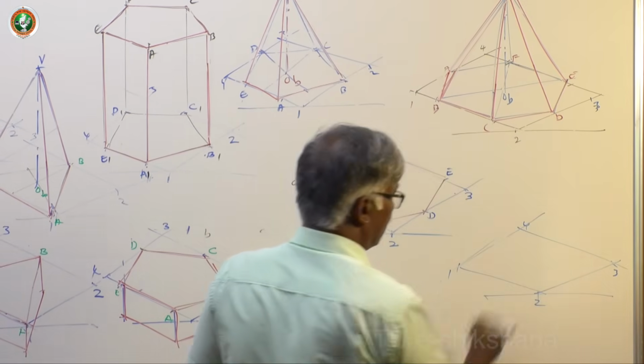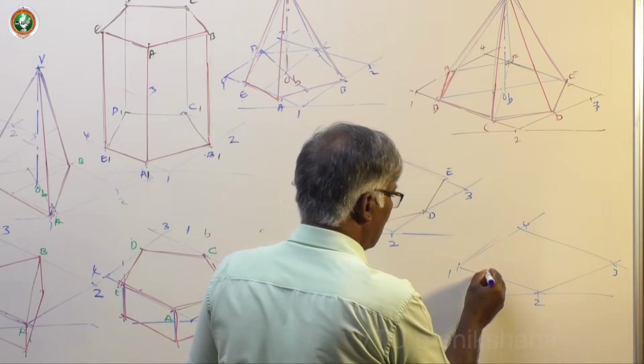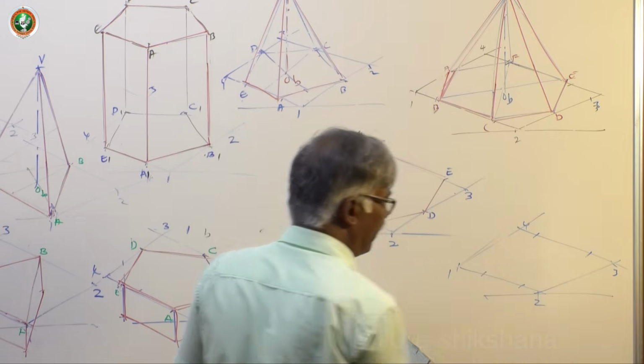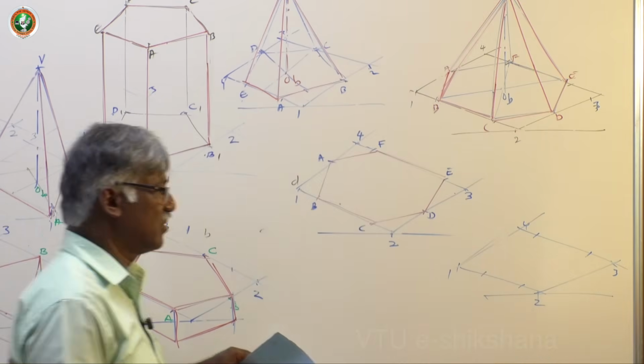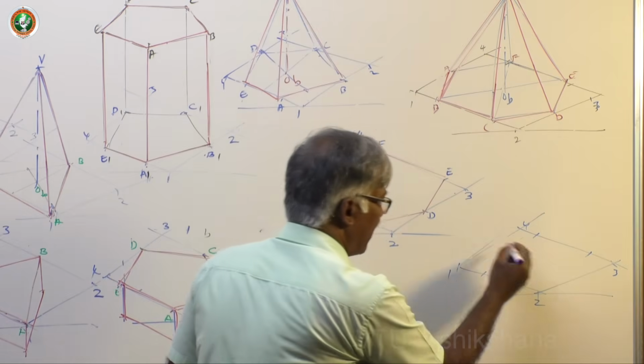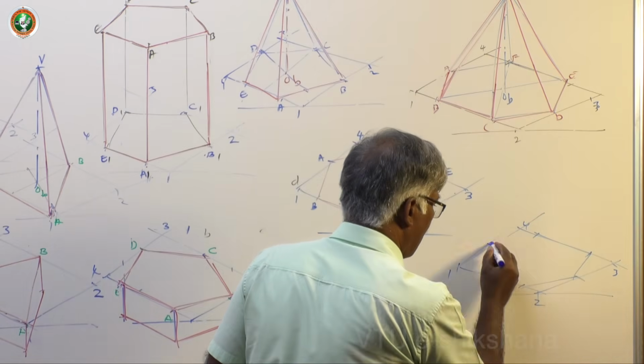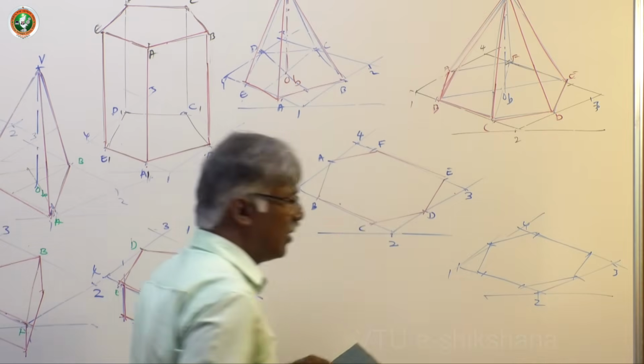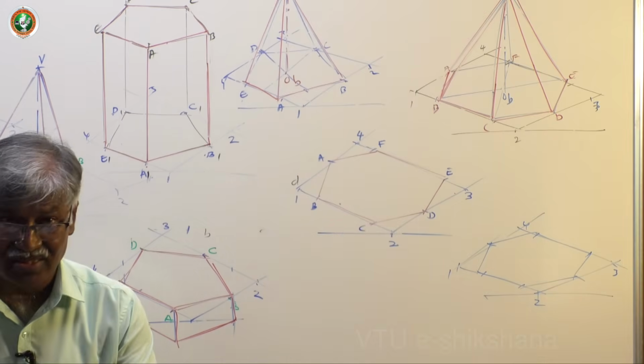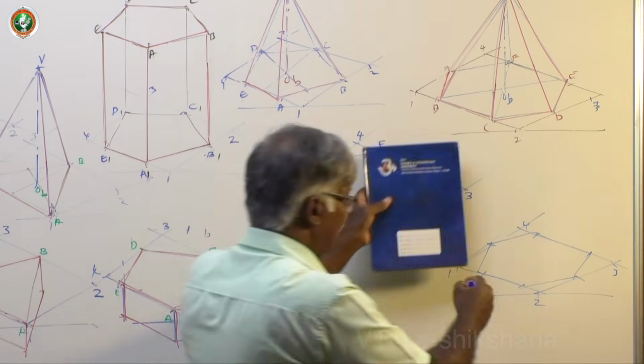This is 4. Now, mark these base corners, take these distances, then midpoints, join them. Now, how to keep this? Draw vertical lines.